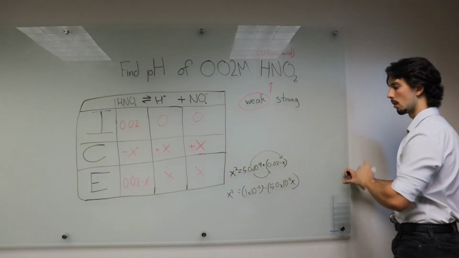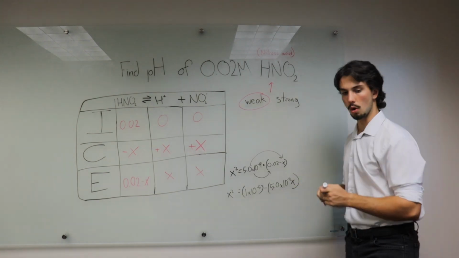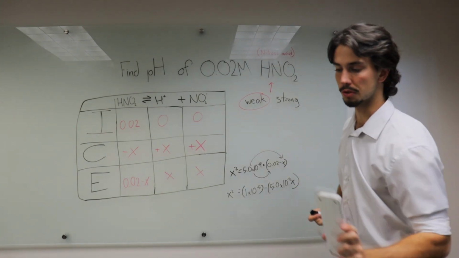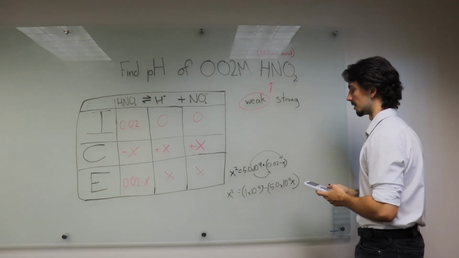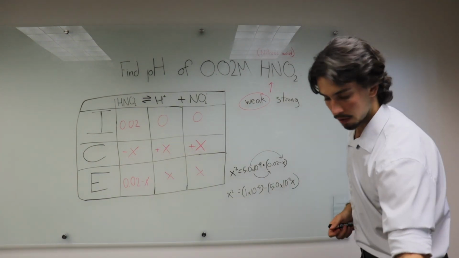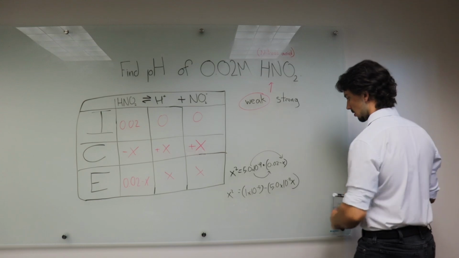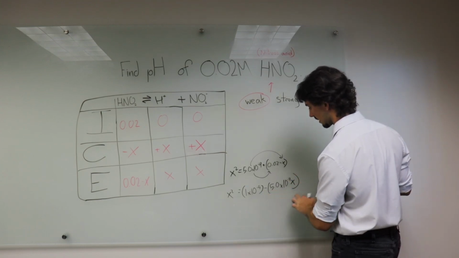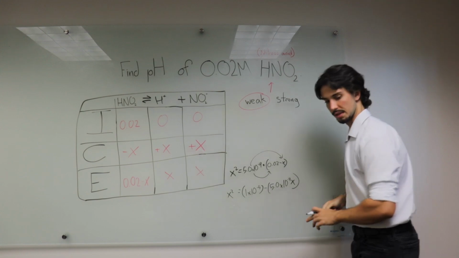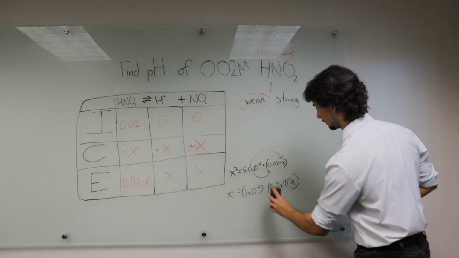Now here, we're going to want to write it as the quadratic formula, so we'll get ax squared plus bx plus c is equal to 0. So let's try and set this all to 0. First thing we can do is add this amount to both sides, to take that away from the right side.